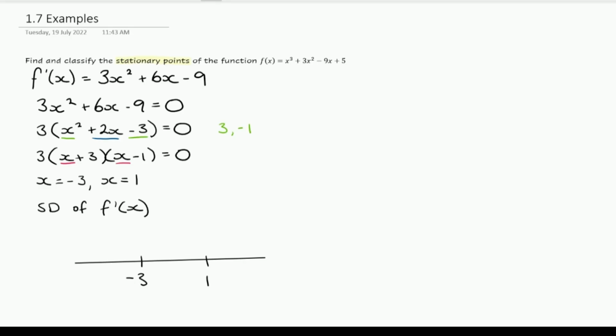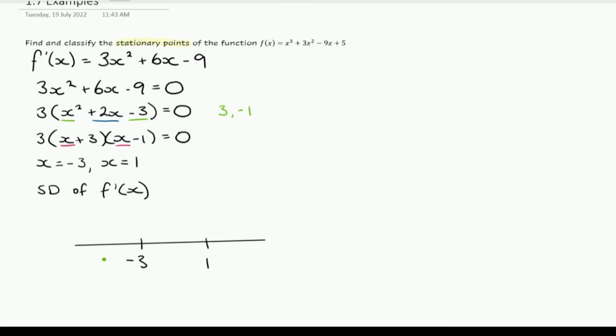And now I'm going to plug in values less than minus 3, in between minus 3 and 1, as well as greater than 1, so that we can actually identify what kind of stationary points we have at both minus 3 and 1.